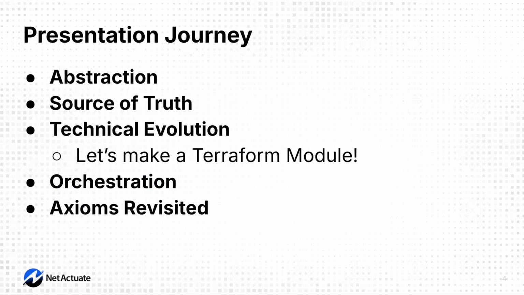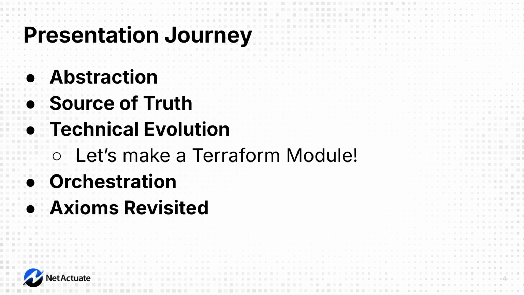Before we get too deep into the talk, what we're going to start with is philosophies of abstractions, and we're going to define some terms. Source of truth, for example. We're going to use data center infrastructure management tools, DCIM, as a source of truth.